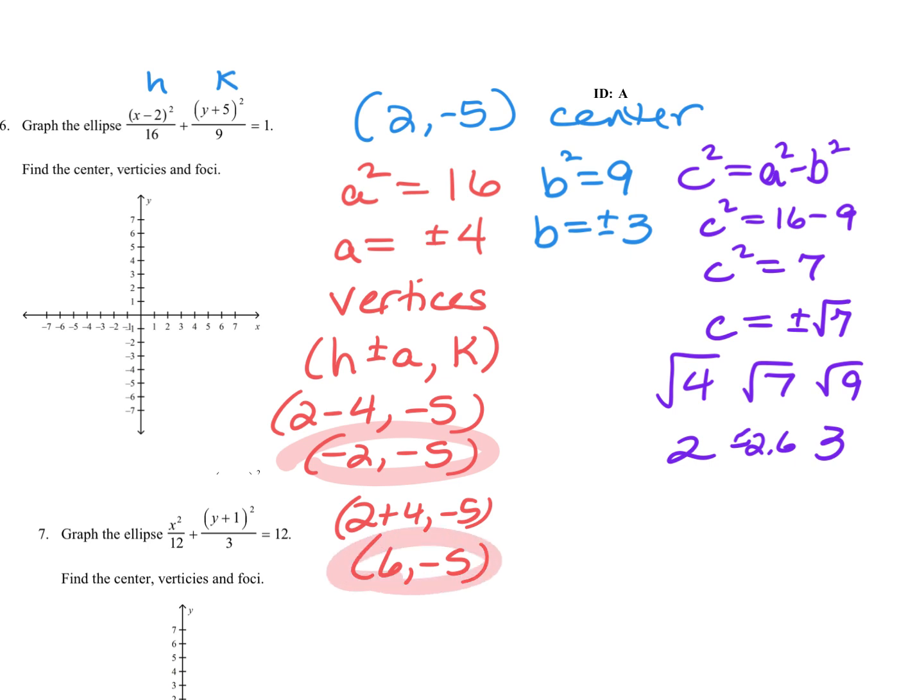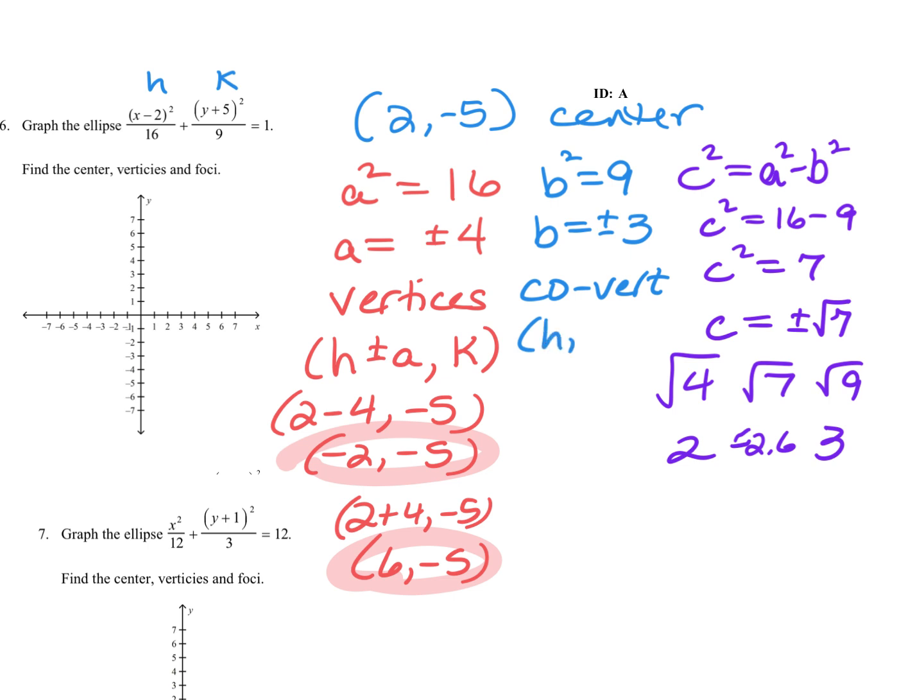Now, on the quiz, I'm not going to ask you to list the co-vertices, but you need to find them in order to graph it. So you need to know how wide to make this ellipse. So for this one, for the co-vertices, since I added a to the h, I'm going to add b to the k.